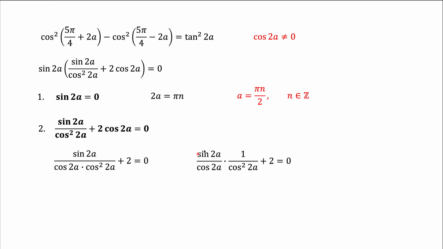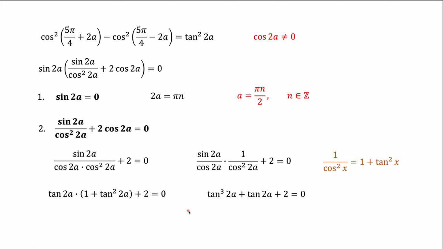What we have here is tangent of 2a. And if we make substitutions, we get an equation for tangent. Now let's open the parentheses. We get a cubic equation for tangent. And just to simplify things, let's introduce a new variable y as tangent of 2a.